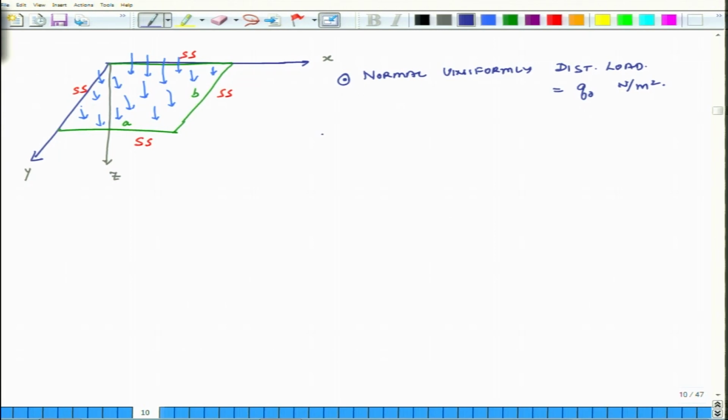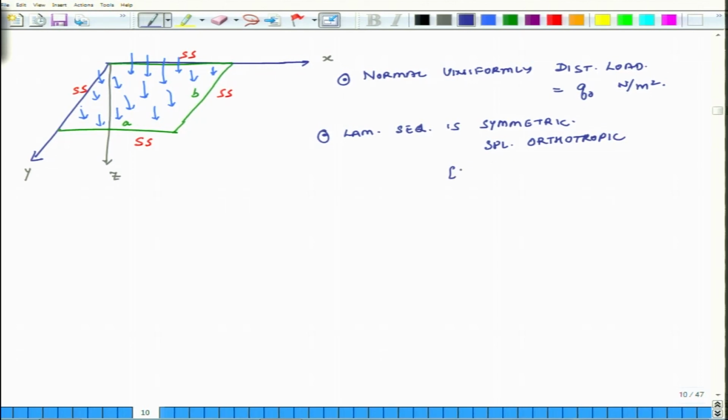The other thing which we know about the plate is that the lamination sequence is symmetric, and it is also especially orthotropic. If it is especially orthotropic, what does that mean?